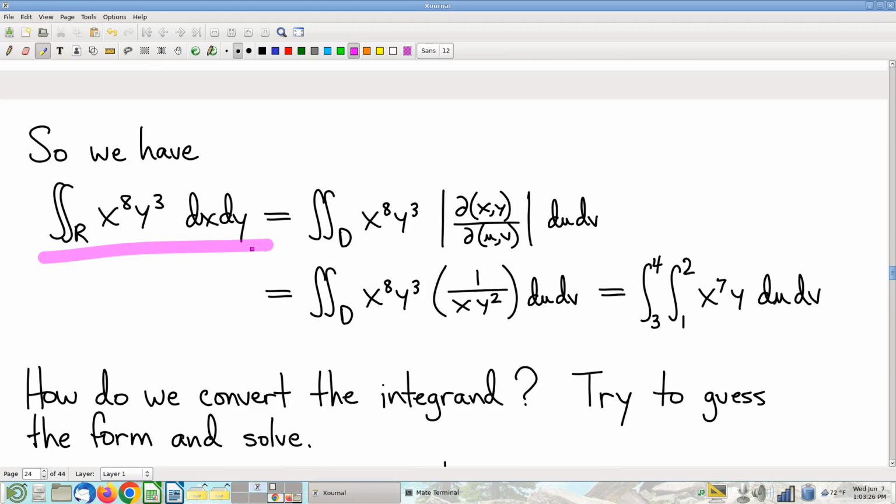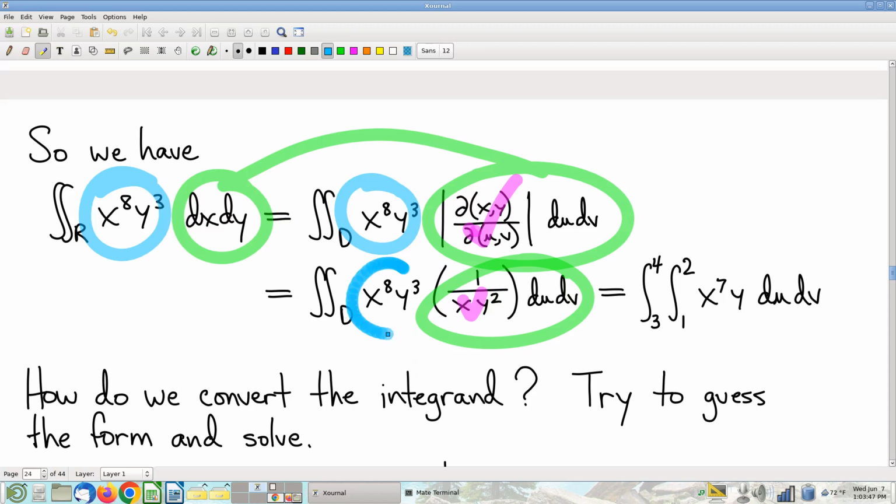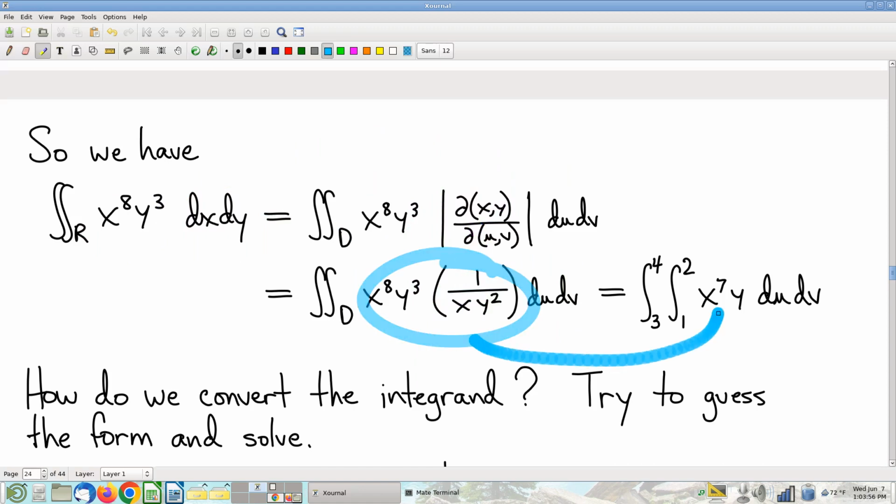So it's a matter of plugging in. Here was the integral we wanted to compute. The area differential gets stretched out by way of the stretching factor that I've computed. Right, here's our stretching factor here, 1 over xy squared. And of course the original integrand keeps coming along for the ride, and now a little bit of cancellation happens, and this grand total I can rewrite as that.